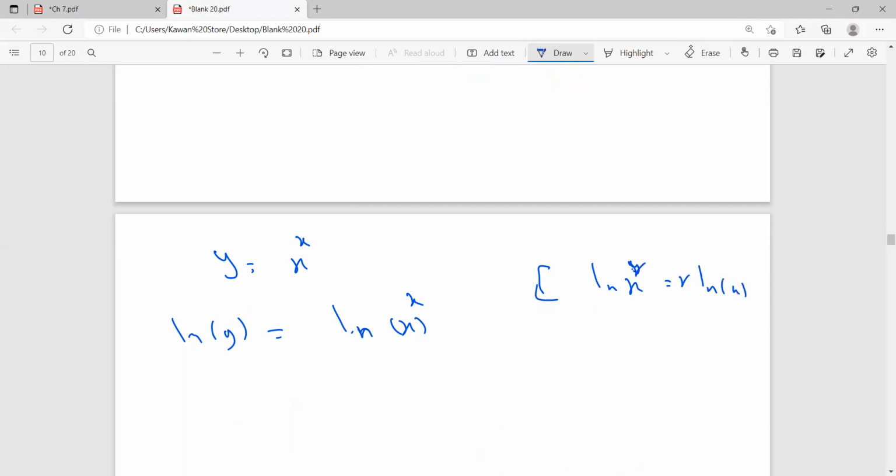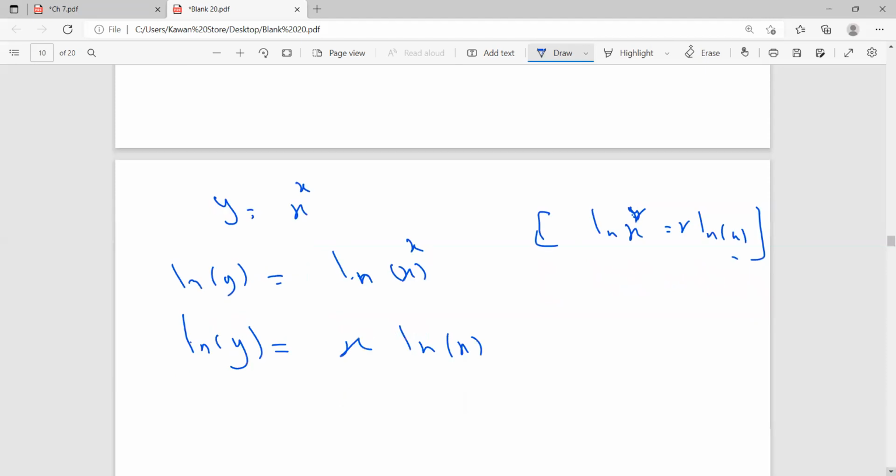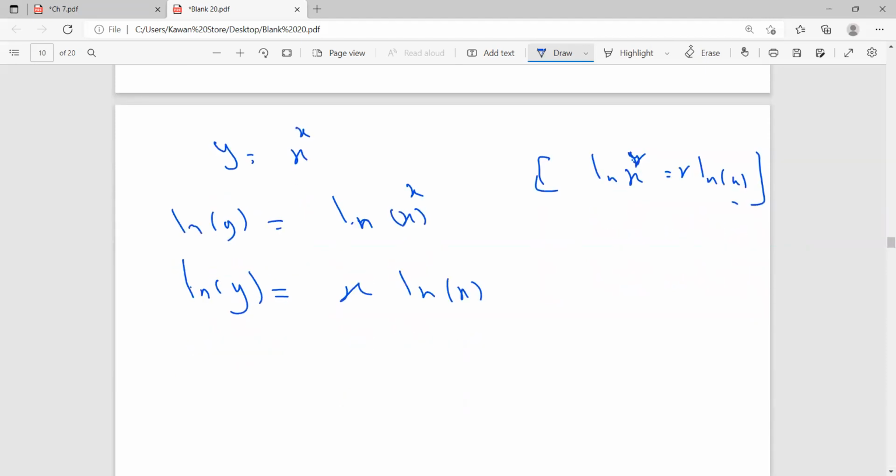Am I right? Okay, good. So ln of y is equal to x ln of x. Am I right?